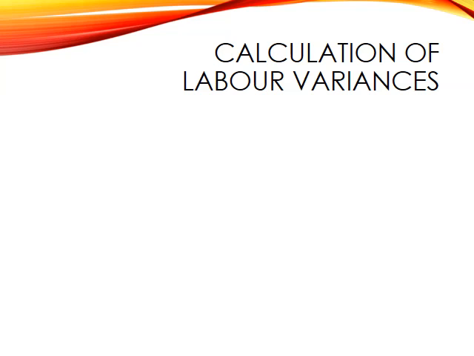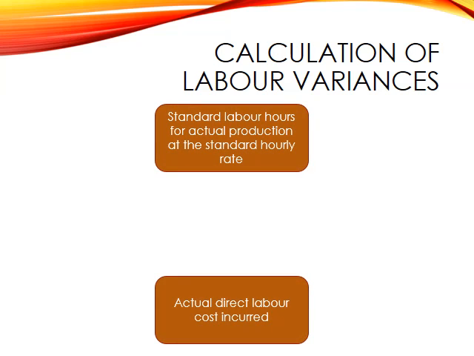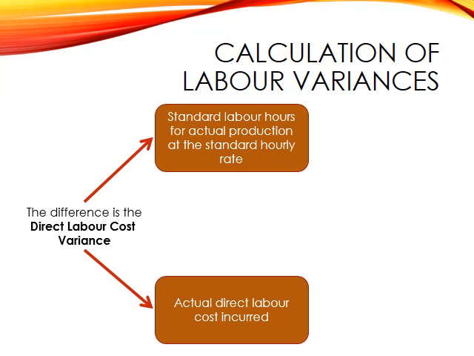Now when we looked at the direct labour cost variance earlier, we compared two figures. We compared the standard labour hours at the standard hourly rate for actual production, so that's the amount we would have expected to incur for the amount that we produced, and we compared that with the actual direct labour cost incurred.